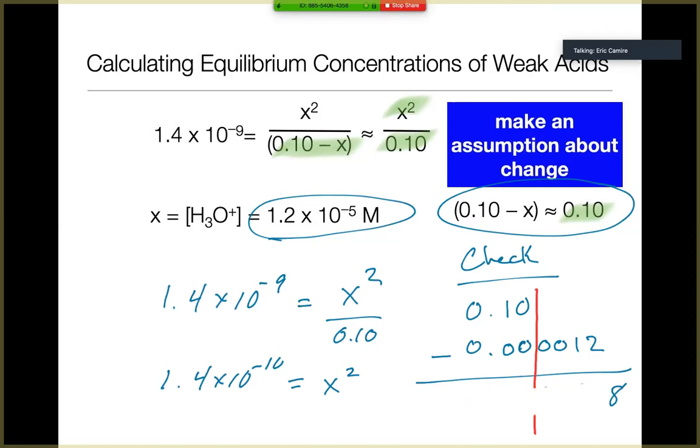Sorry guys, wasting time. I wrote that wrong. 0.09998, whatever. That's all I care about. So I do the subtraction, I apply sig figs, and that rounds to 0.1. That means my assumption was correct.